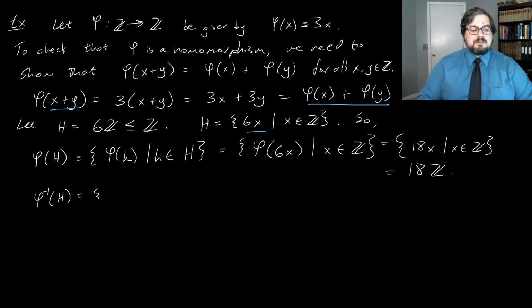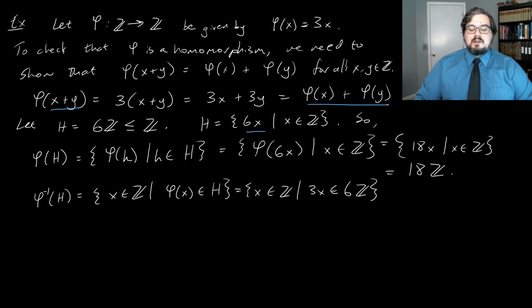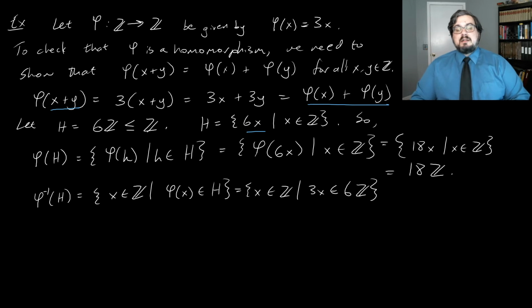So the preimage of H will be the set of all x in Z such that phi of x lies in H. So working out what this means, this is going to be the set of all x in Z such that 3x is in 6Z. So it's going to be the set of all x's such that 3 times x is a multiple of 6.